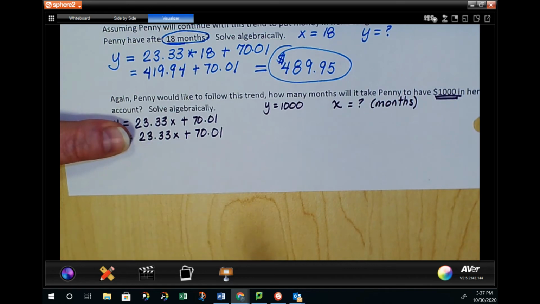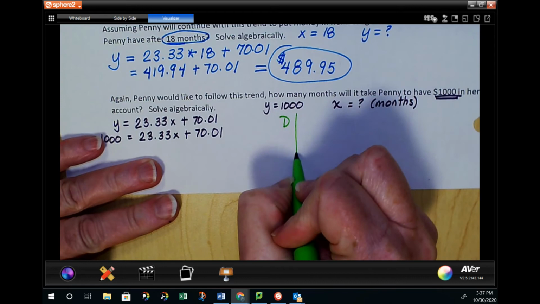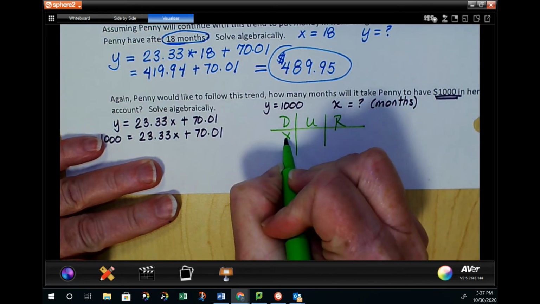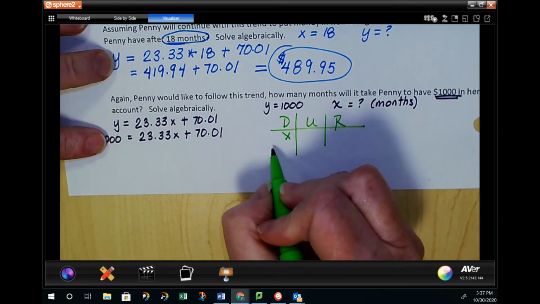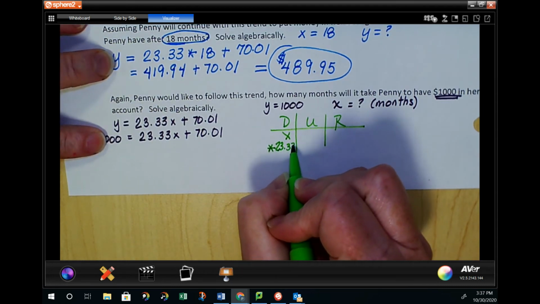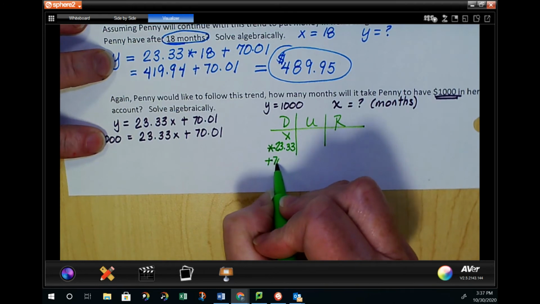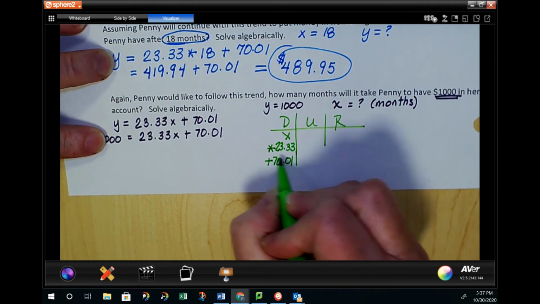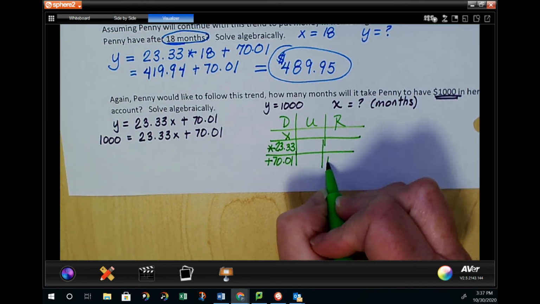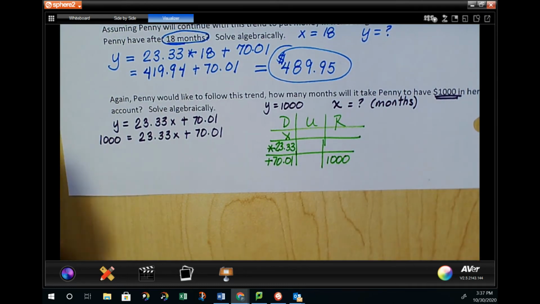So I pick x, then multiply by 23.33, and add 70.01. And then my answer was 1,000.